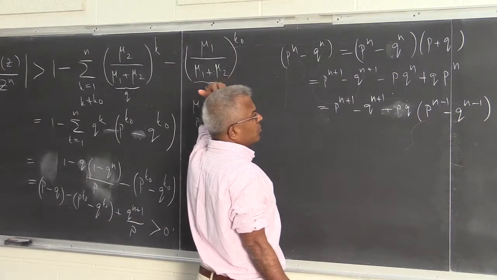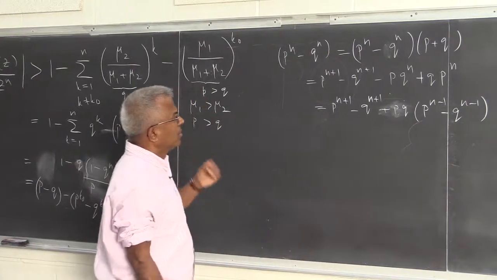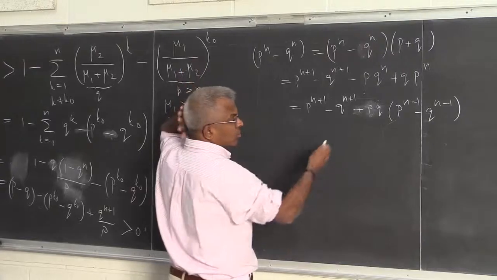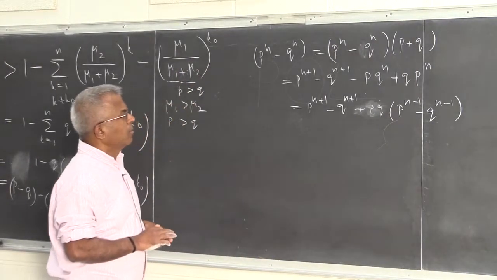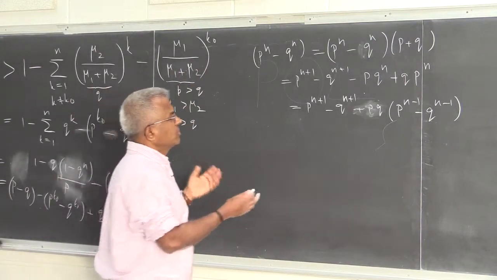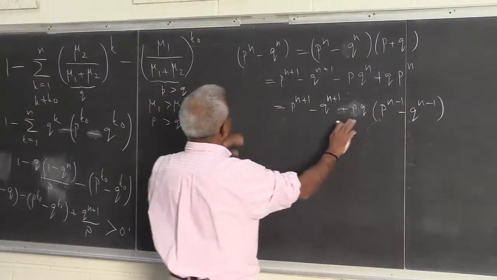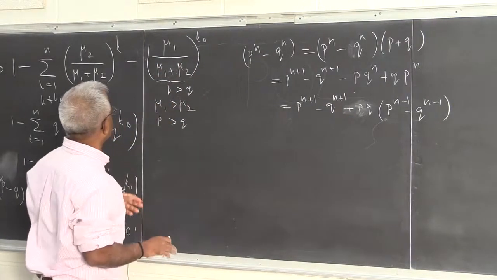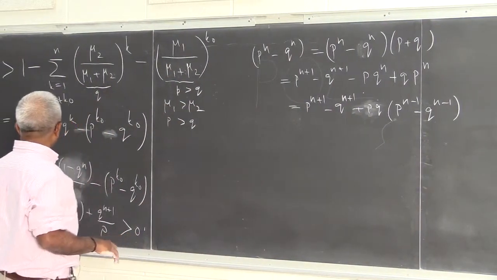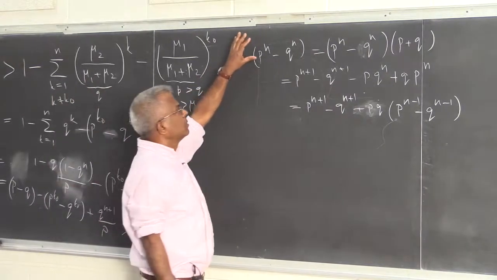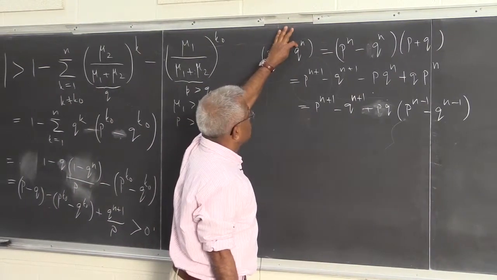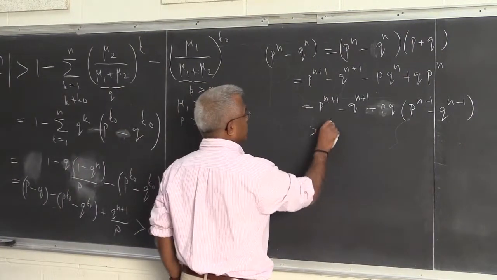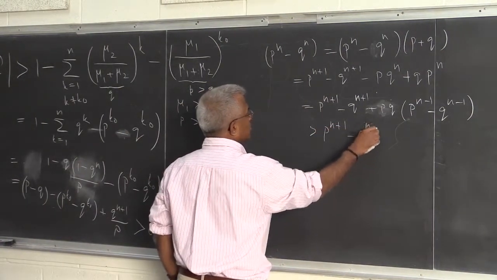From here itself you can do this quickly by induction. If this is true, certainly it is true at p minus q is positive. So at stage 2, this is positive, this is positive, so this quantity will be certainly greater than this, and you can see with induction that p^n minus q^n is greater than p^(n+1) minus q^(n+1).